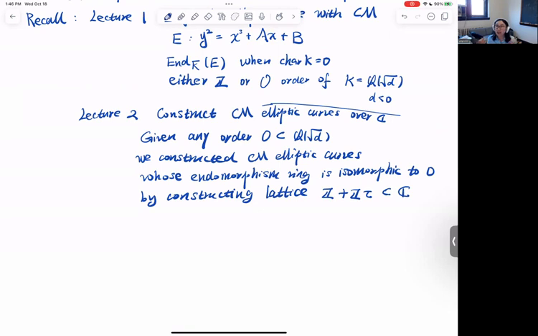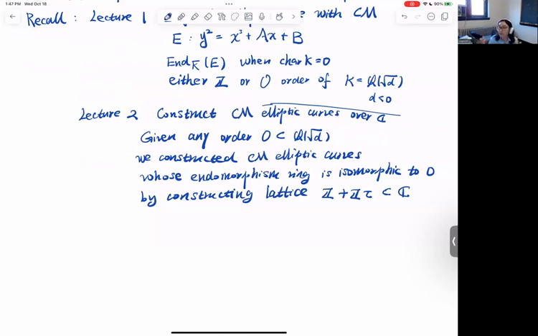And the addition law on the elliptic curve is explicitly given by the addition law on the complex numbers. And then the complex multiplication is also given by literally a complex number multiplying this complex number in C. So this justifies the name multiplication, right? So lecture 2 gives a very concrete picture of CM curves defined over C, and also shows the existence of CM curves.